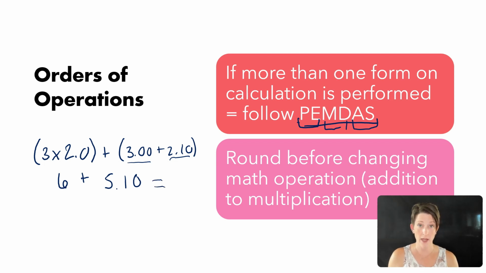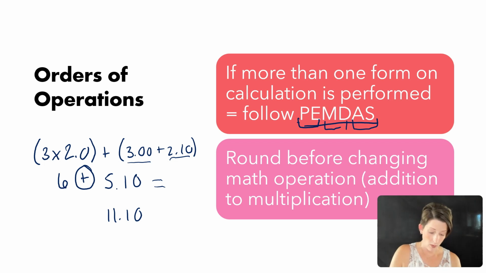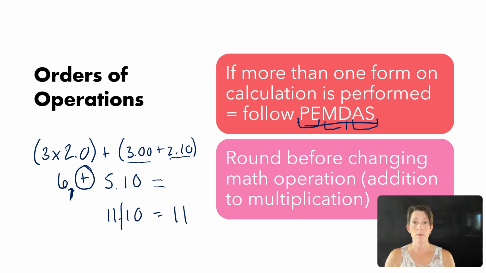So 6 plus 5.10 is going to give us 11.10, but because we're doing addition at this point, we can only go to the fewest decimal places, which is none. Therefore, the ones place is occupied, and we'll get our number. So you need to follow PEMDAS if you have multiple different mathematical operations occurring in one problem.